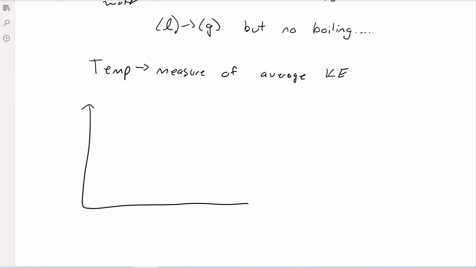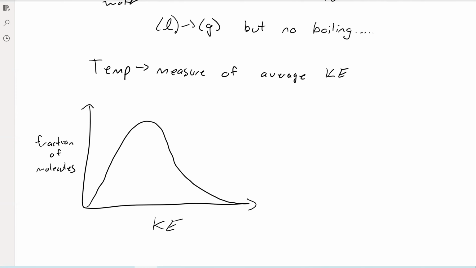So for example, if we drew this plot, where over here we had fraction of molecules, which is basically just how many molecules are existing in that state, and then here we had kinetic energy, the distribution would look something like this. Let me draw it a little better. Right, and then your temperature, your average, would be somewhere there in the middle.